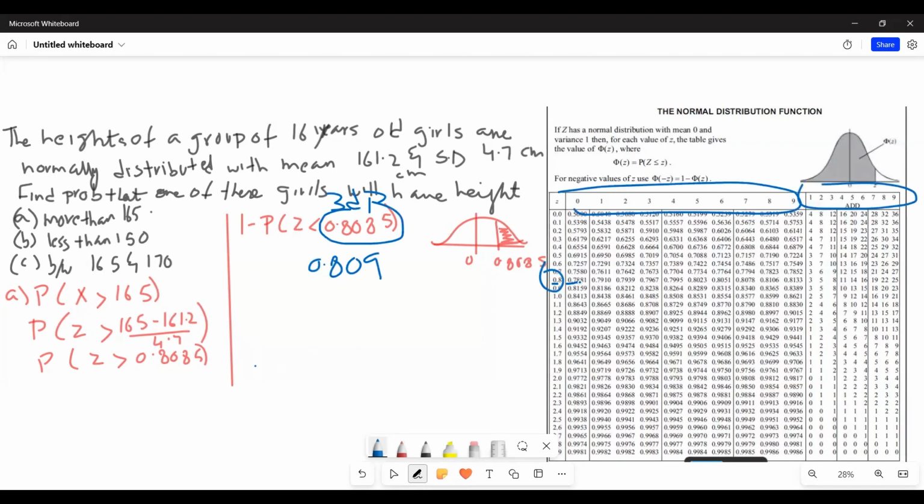So first we round off to 3 decimal places. 0.8 is here, another 0 is right here, and then you add 9 to it. Corresponding to 9 we have 25, so add 25 to the last 2 digits of the probability, 0.7881 plus 25.